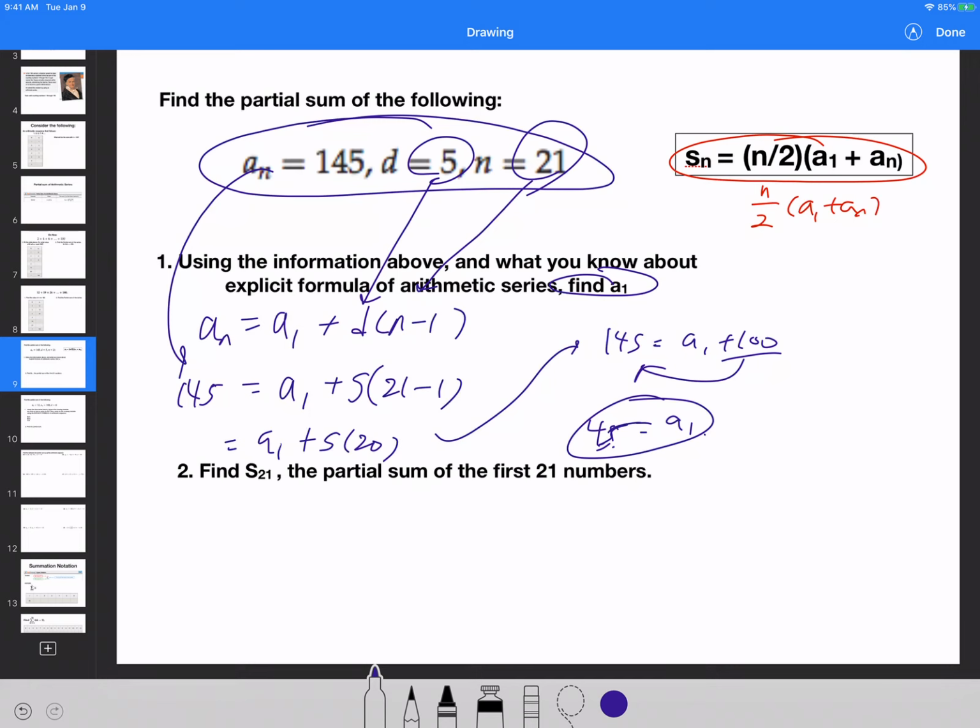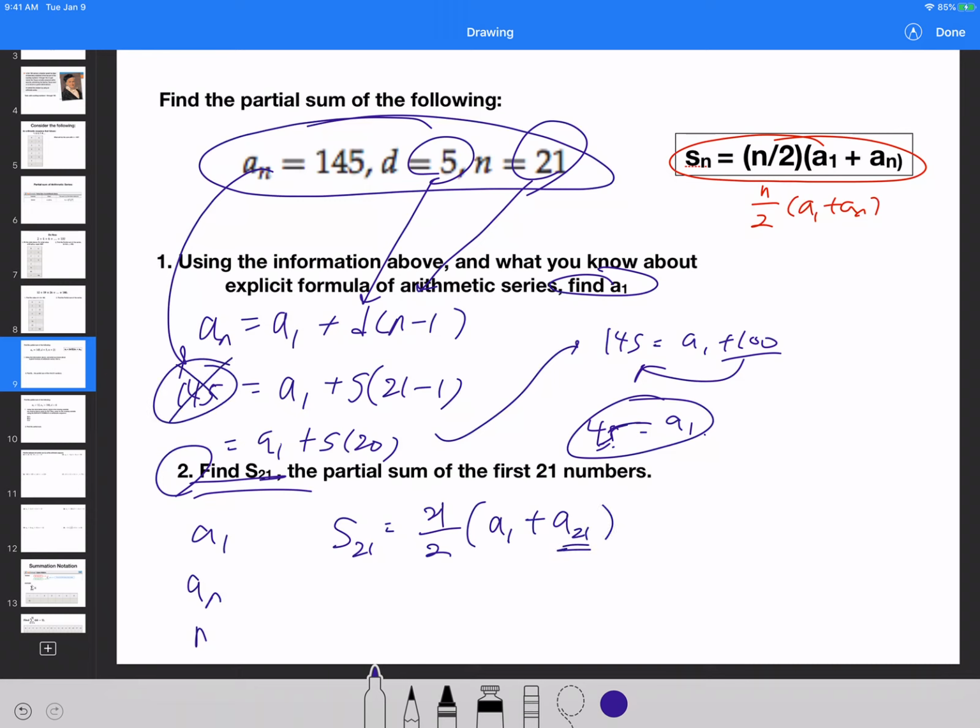Why did I ask you this before I do number 2? Because you're asked to solve for the partial sum. Remember, you always need the first term, the last term, and the n value. The sum of the first 21 numbers is 21 over 2, because that's the n value, times the very first term in the sequence plus the last term in the sequence, which is the 21st value. Remember, you're not using 145 for that term.